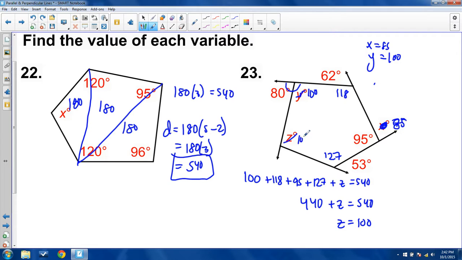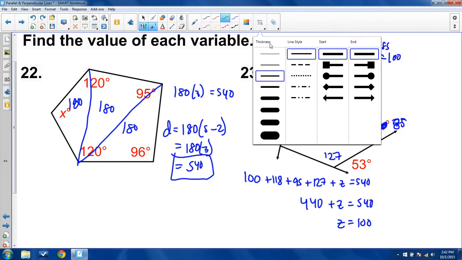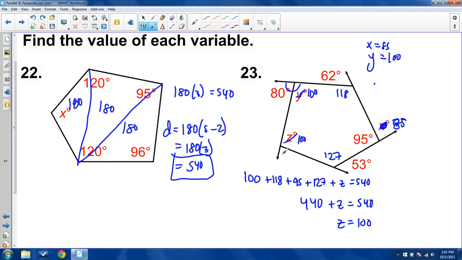Where z is 100. A second way of doing the problem is using the exterior angles. Now I had to solve for x to make the exterior angle thing happen. But what I would have to do here is create another variable called w. If I add all the exterior angles of any polygon, doesn't matter how many sides there are, if I add all of these up on the outside, I should be getting 360 degrees.